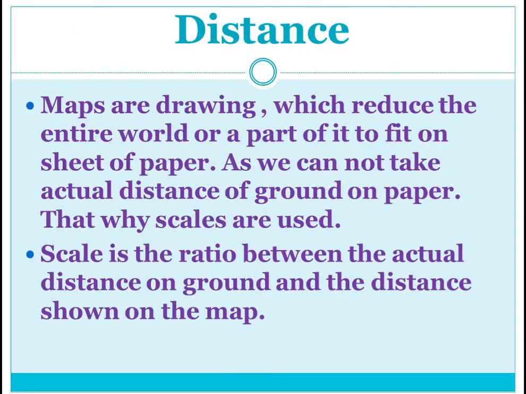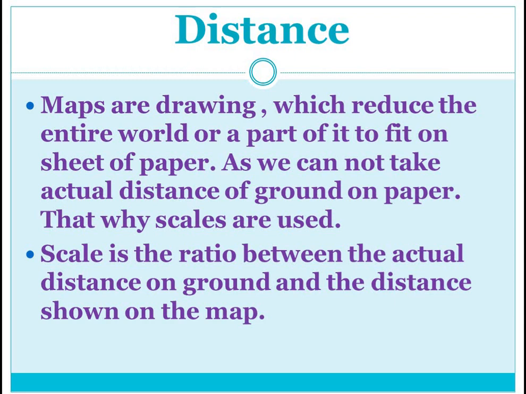First is distance. Maps are drawing, as we discussed in previous lecture, that it is the drawing of the earth surface or any of its part, or it's the flat representation of earth surface. So the maps are drawing which reduce the entire world or a part of it to fit on a sheet of paper.